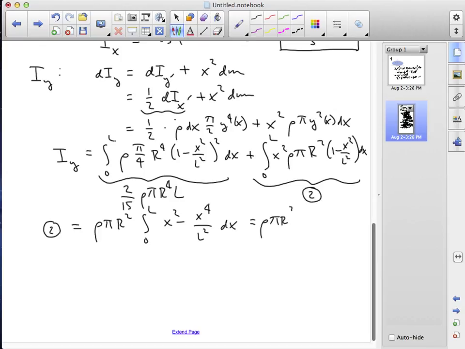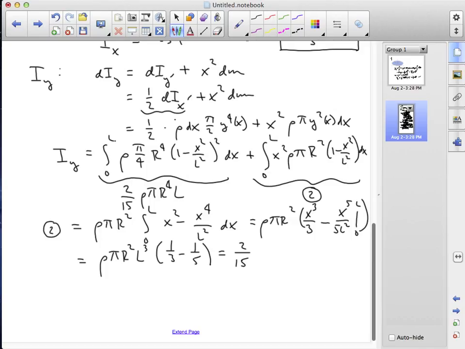That integrates to 1/3 x cubed minus x to the 5th over 5L squared, evaluated between 0 and L, and we end up with rho pi r squared L cubed times 1/3 minus 1/5, which is 2/15 rho pi r squared L cubed.